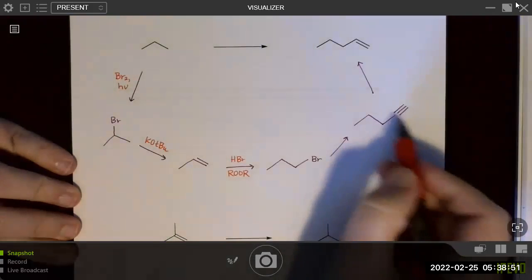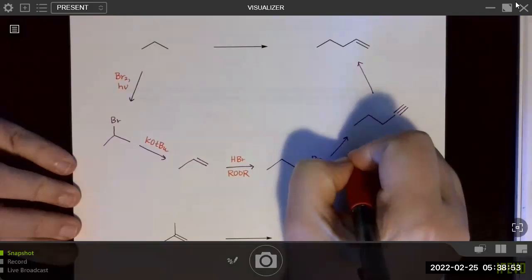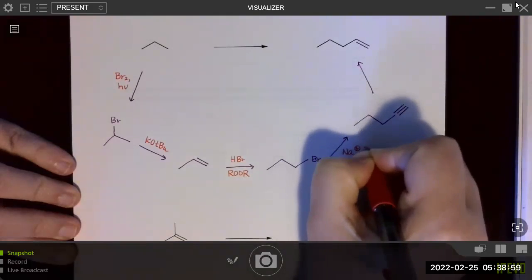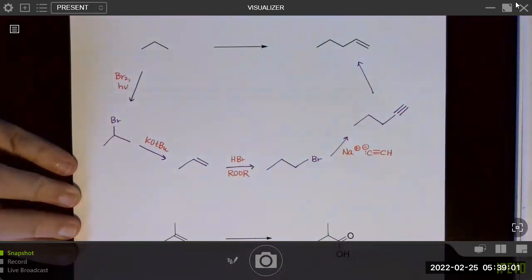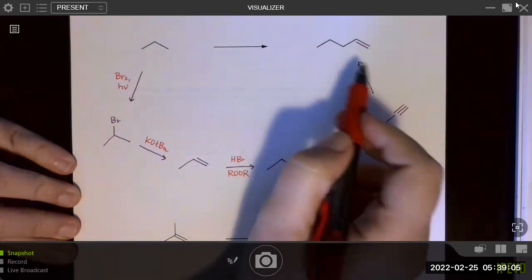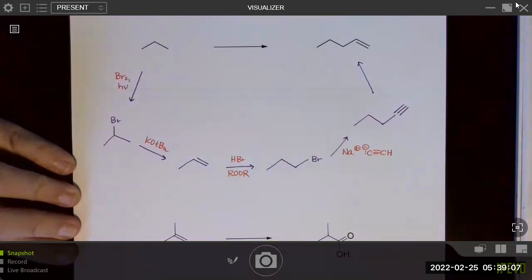So this just utilizes a deprotonated alkyne, an alkynide ion, to do an SN2 reaction, and then we can reduce an alkyne down to an alkene. We want to be careful because we don't want to go all the way to the alkane, and if we used regular hydrogenation, we would get the alkane product instead of the alkene product.